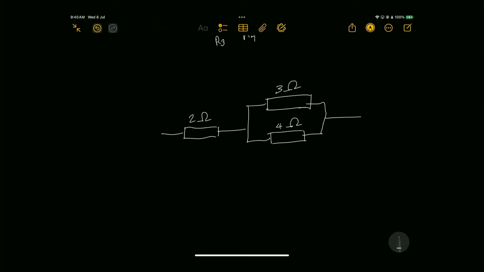How do we determine the equivalent resistance of this circuit? You do 1 over 3 plus 1 over 4, and whenever you get that, you just add it to 2.